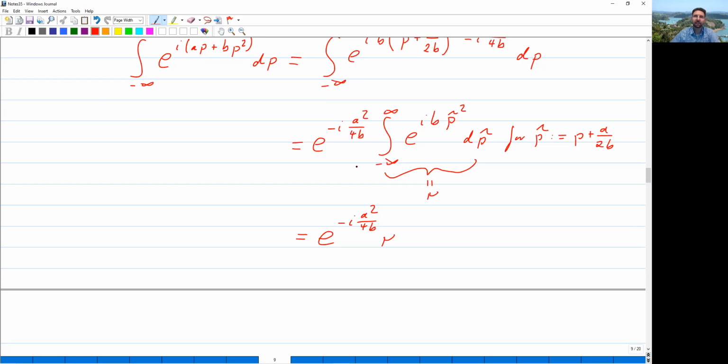So even the tiniest of imaginary parts in b makes this thing convergent. Now, we will not worry about this. In practice, if you want to really work out what the path integral is, even with a normalizing prefactor, because that's all it is, this mu is just some constant, then you can do this.